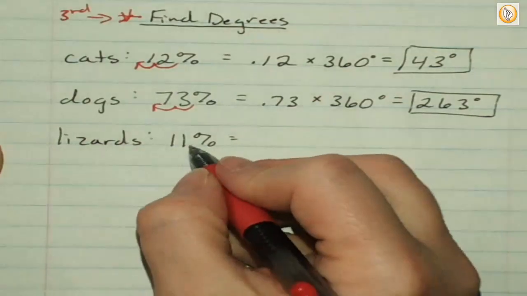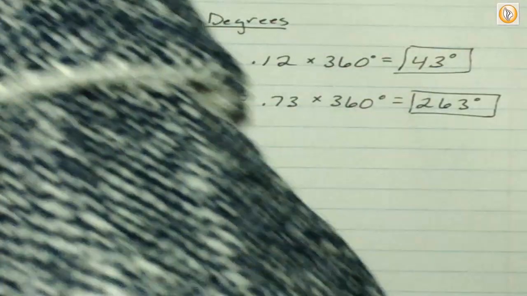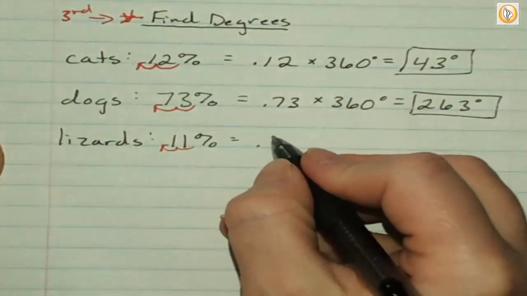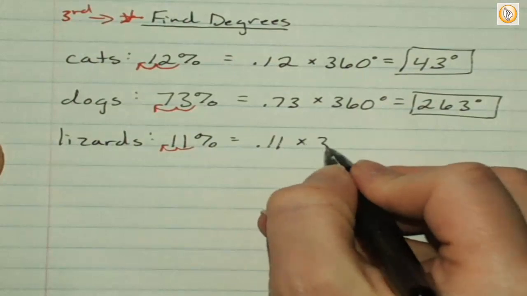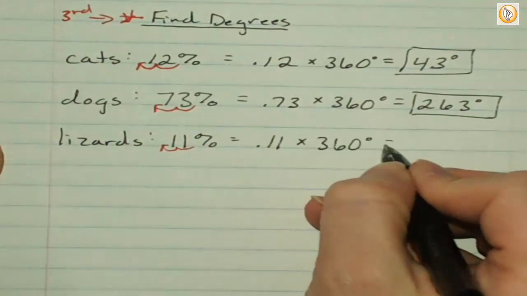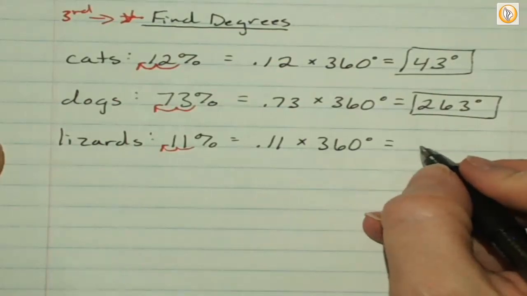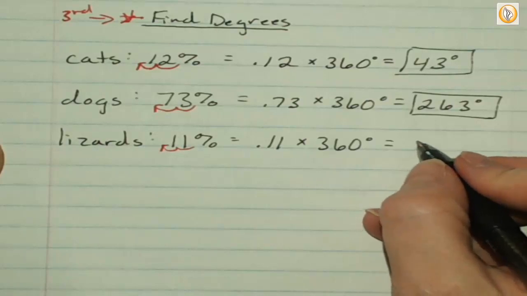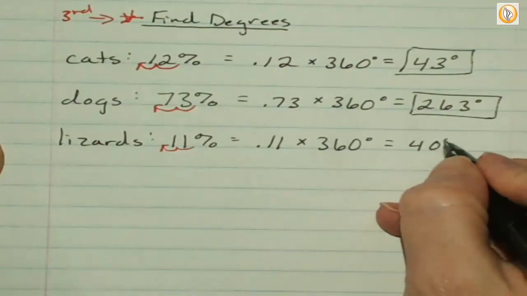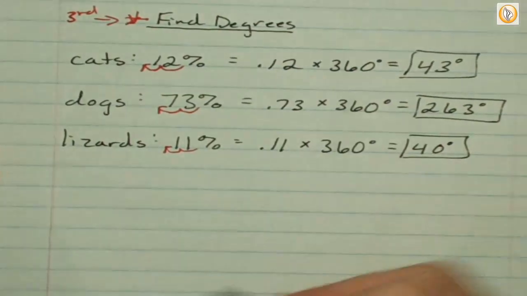Move the percentage 2 places to the left, and it's 0.11, and times it by 360. And what do you get? 40. 40 degrees. Good job.